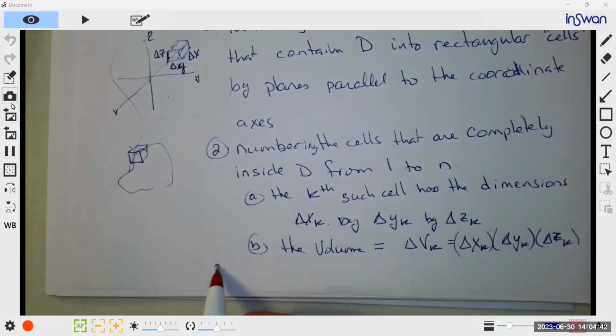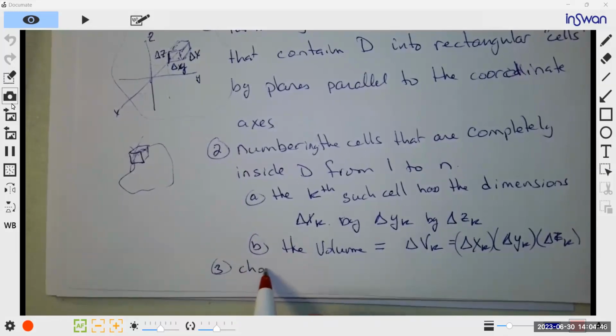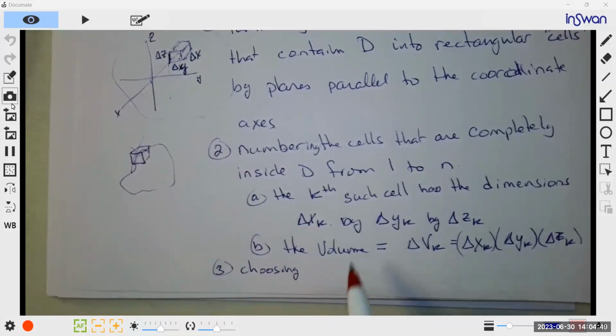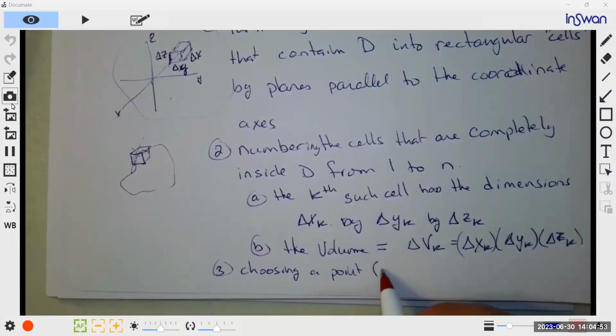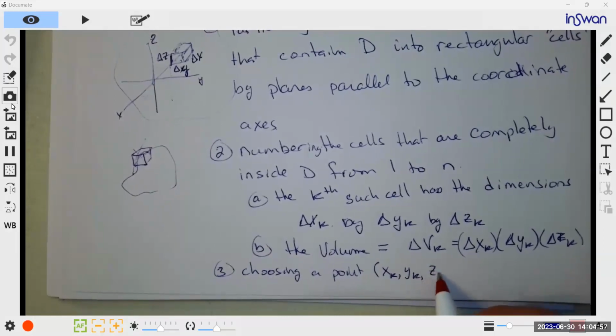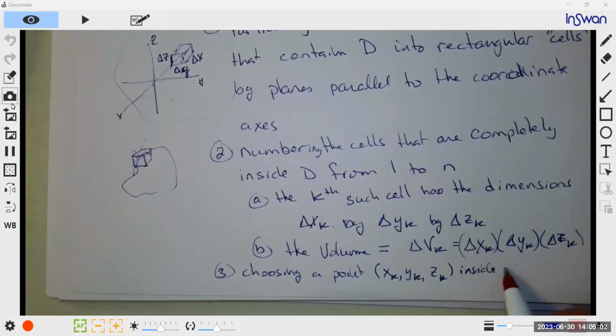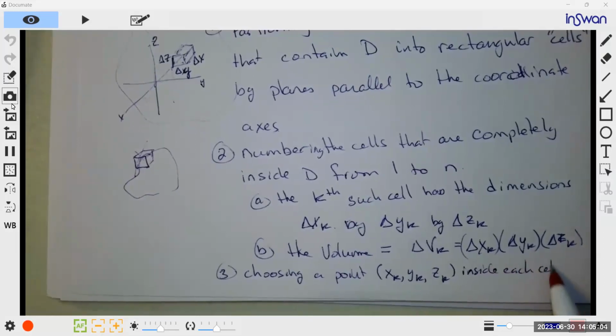All right, then our last step is choosing a point x sub k, y sub k, z sub k inside each cell.